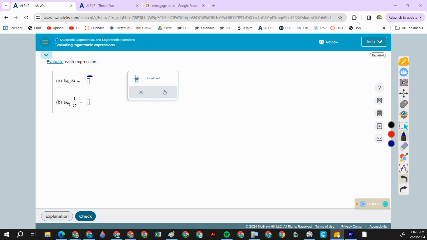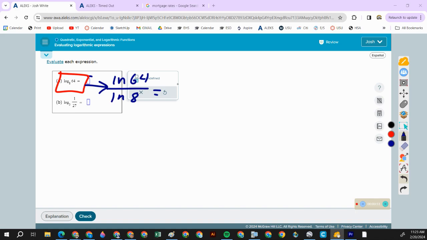How do I calculate log base 8 of 64 with my calculator? Does my calculator have 8th gear? No. It only has 2 different gears, 10 and e. So we can use what's called the change of base formula. This is equivalent to ln 64 over the ln of 8.